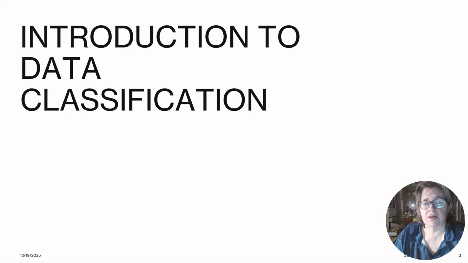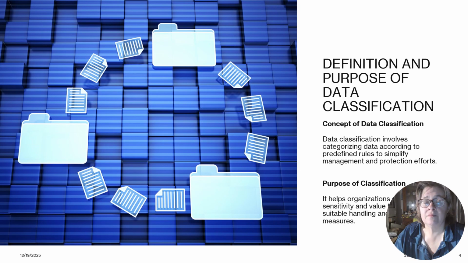The following section introduces the concept of data classification, highlighting its definition and the critical role it plays in data management and security. Data classification is a process of categorizing data based on predefined criteria to facilitate its management and protection.